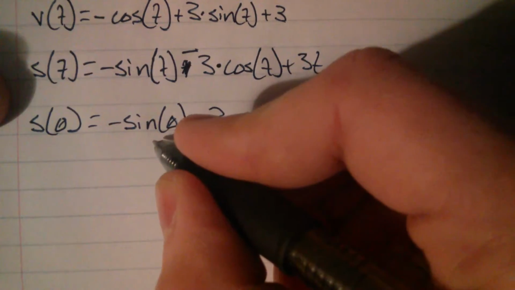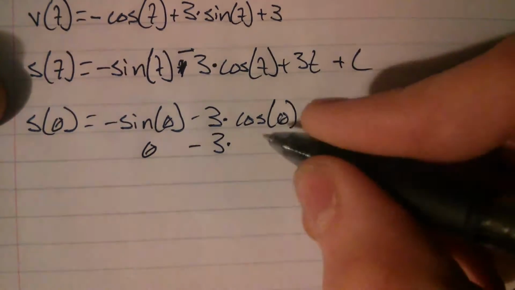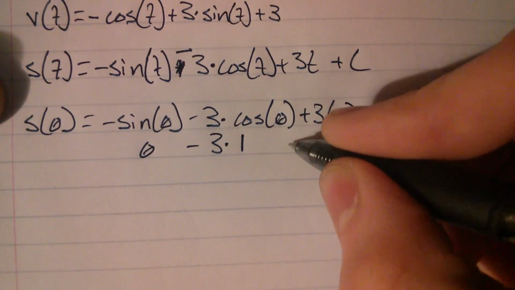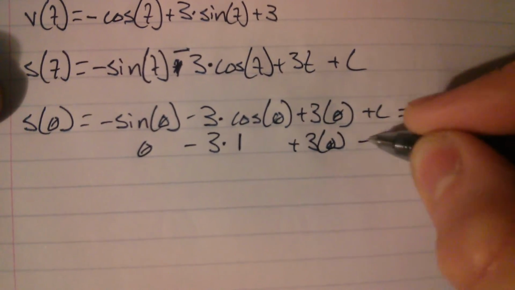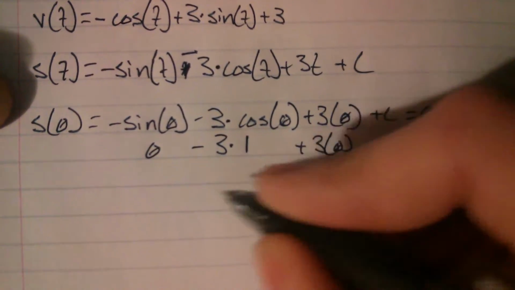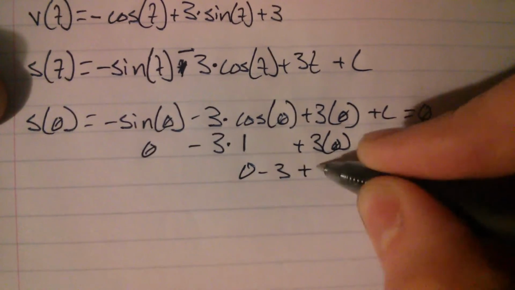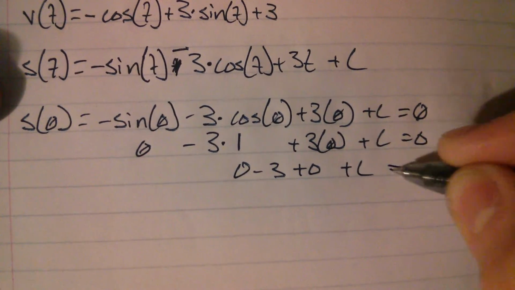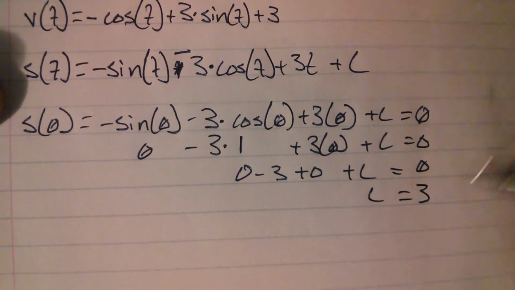So sine at 0 is equal to 0, minus 3 times cosine at 0, which equals 1, plus 3 times 0, which is going to be 0, plus c equals 0. So we got 0 minus 3 plus 0 plus c equals 0, which means that c is equal to 3.